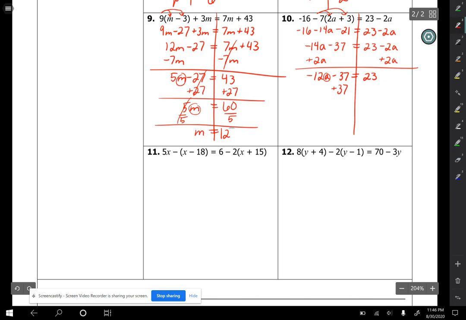Add 37 to both sides. Negative 12a equals 360. Divide by negative 12 on both sides. A equals negative 5.